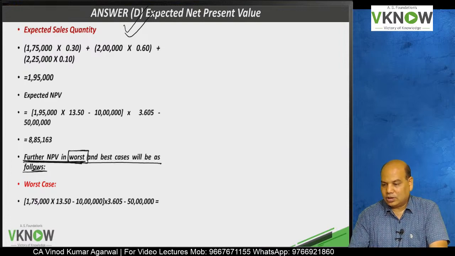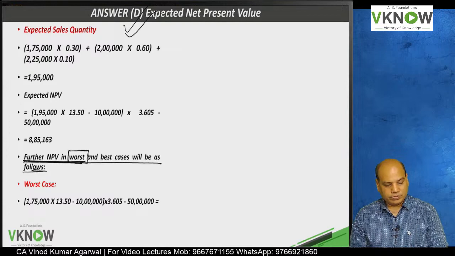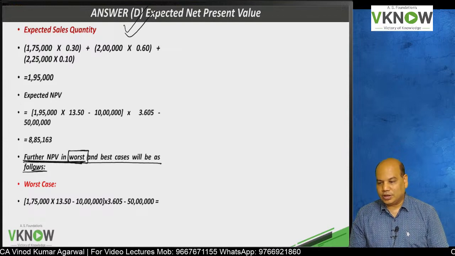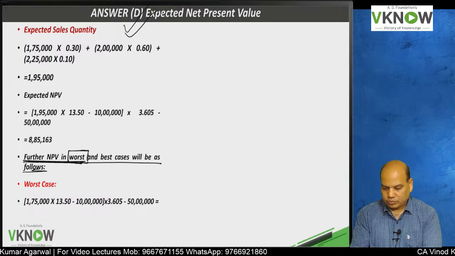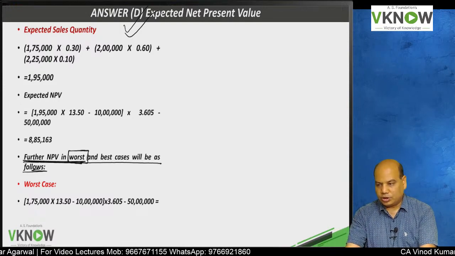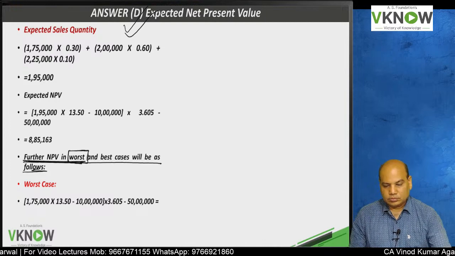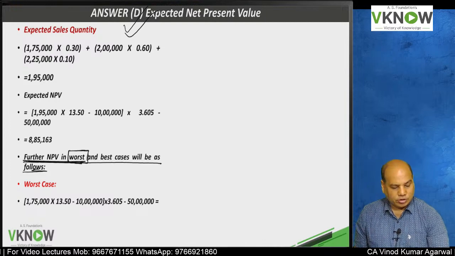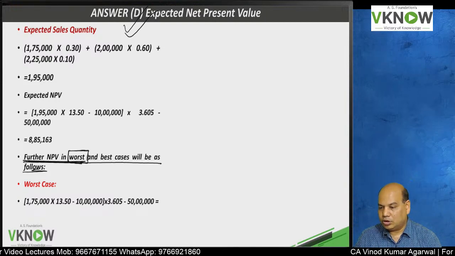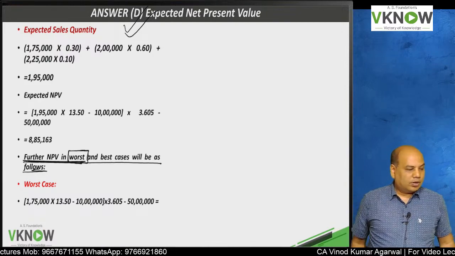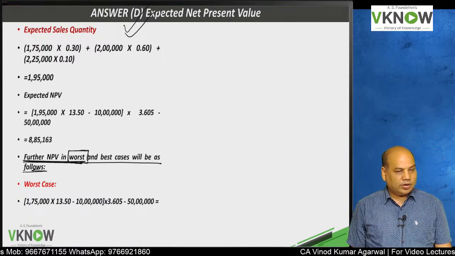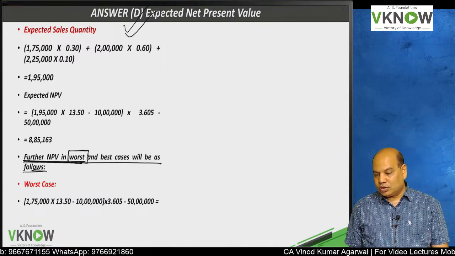So I will take now 1,75,000, that is the lowest sales quantity, into 13.50 minus 10 lakh, which is fixed cost, into 3.605, which is PV factor, minus initial investment 50 lakh. Please solve.